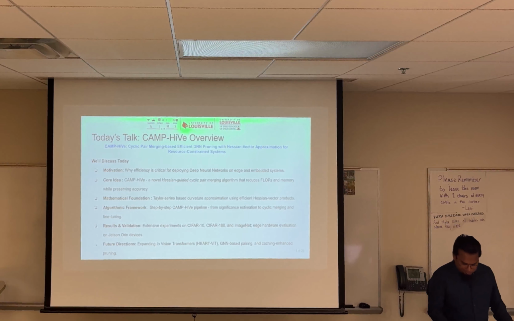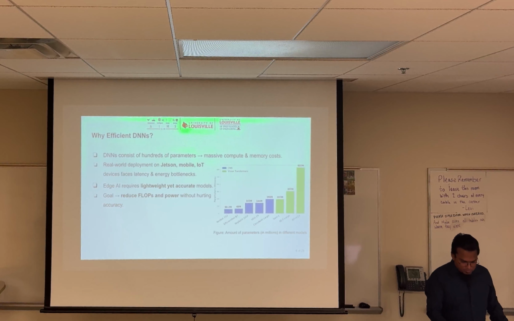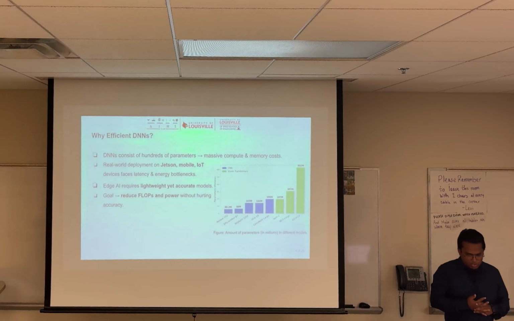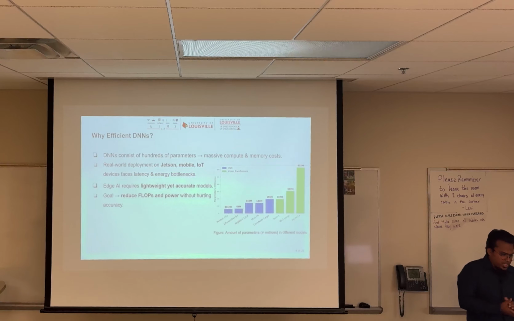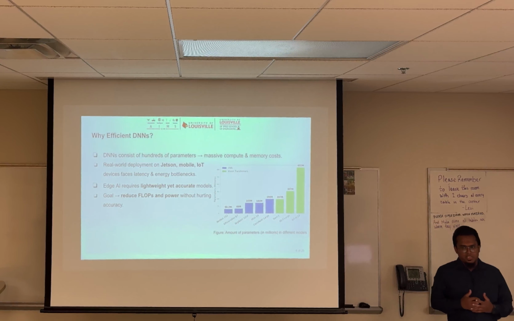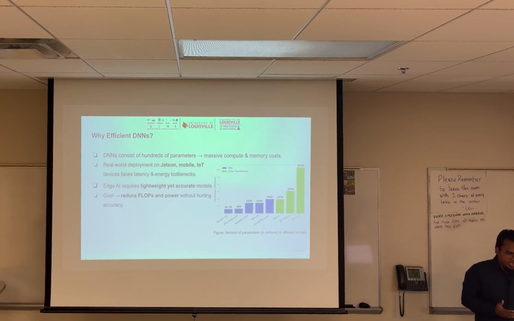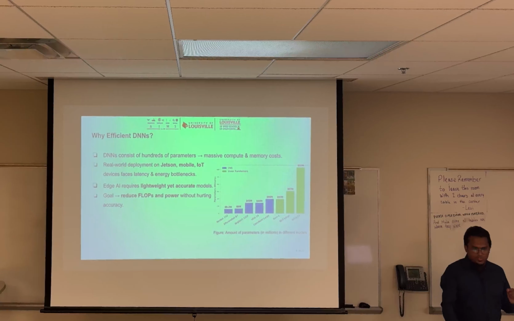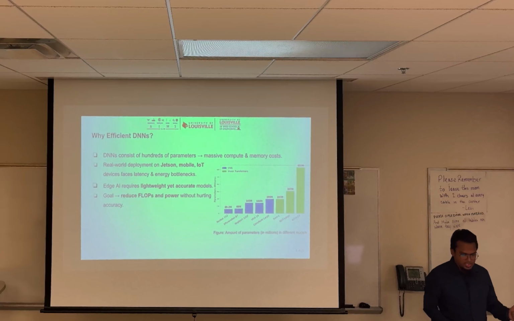Let's talk a little bit about the motivation. As you know, deep learning networks are very powerful, but on the opposite side, DNNs consist of hundreds of millions of parameters. These massive parameters restrict computation and increase memory cost. When you move from research to deployment, say on mobile or embedded systems or drones, these models hit real-world limits in energy, latency, and storage.